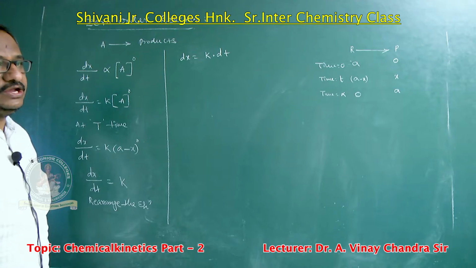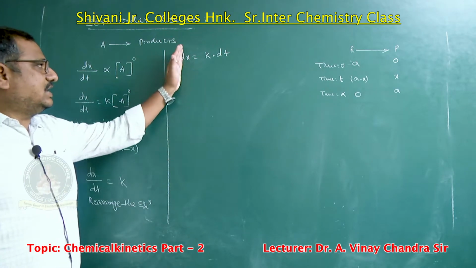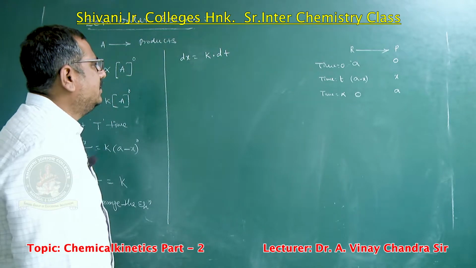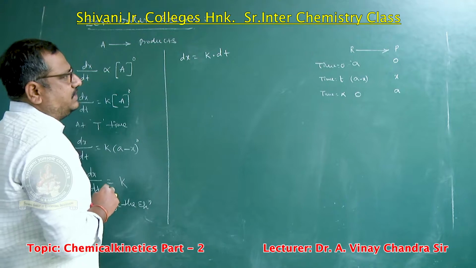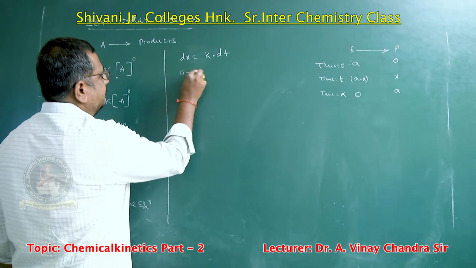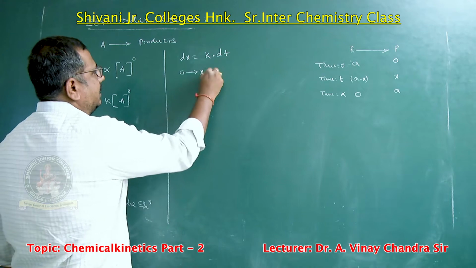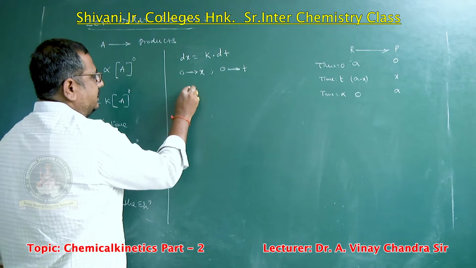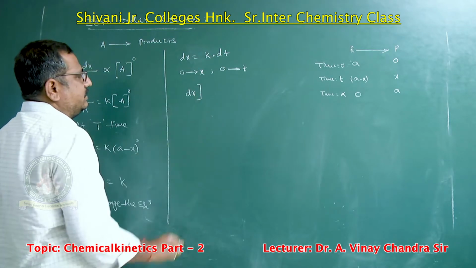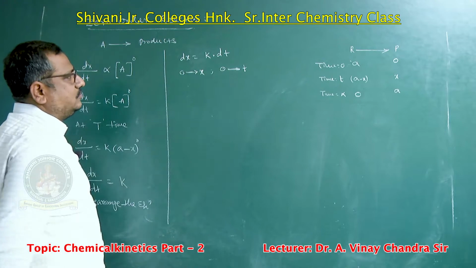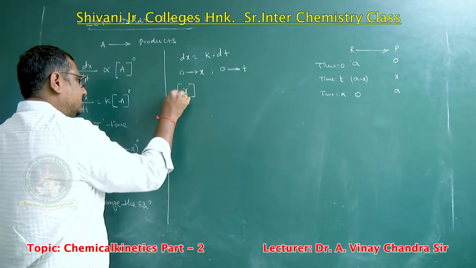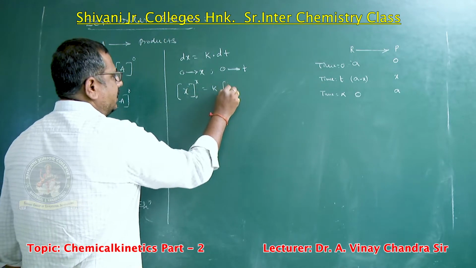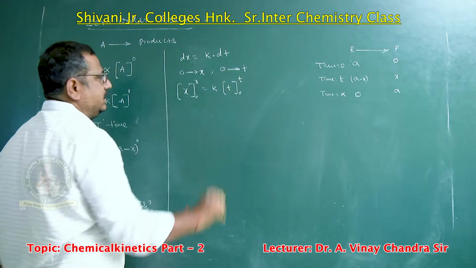This is the rearranged equation, with concentration on one side and time on the other. Now if we integrate this equation, the concentration is integrated over 0 to x limits and the time over 0 to t limits, where K is constant.